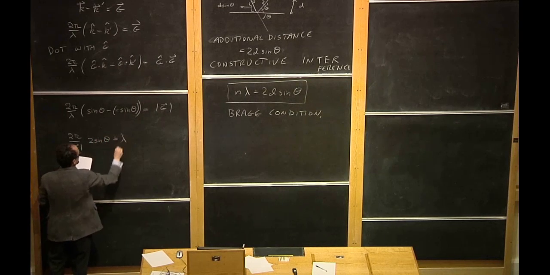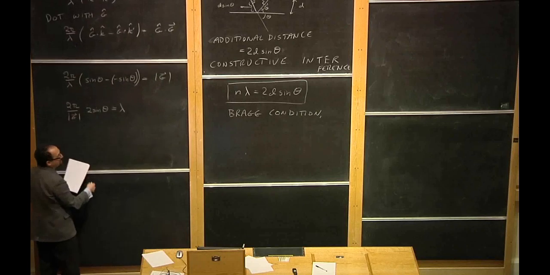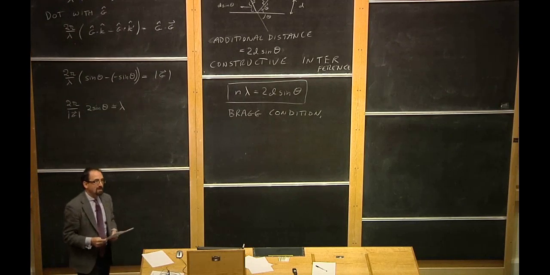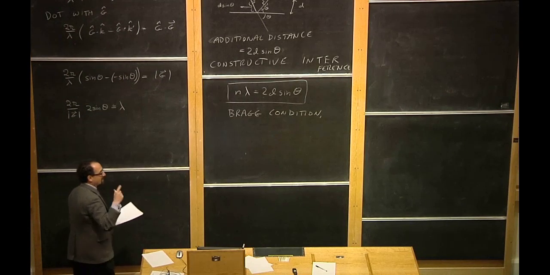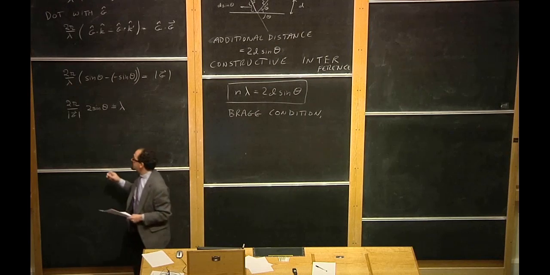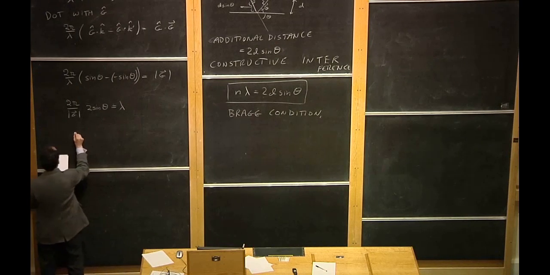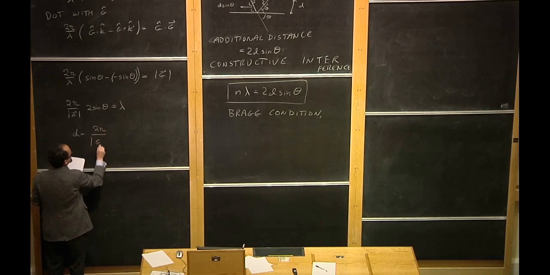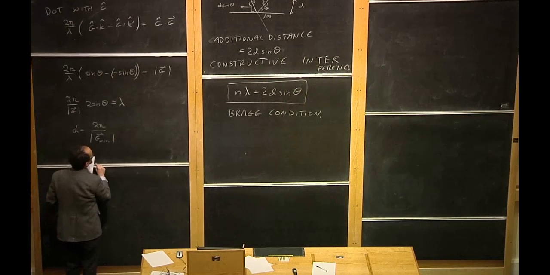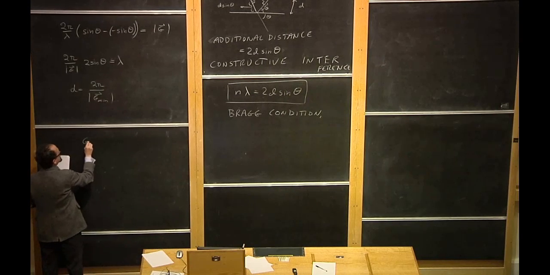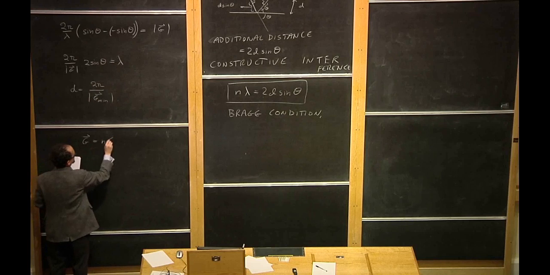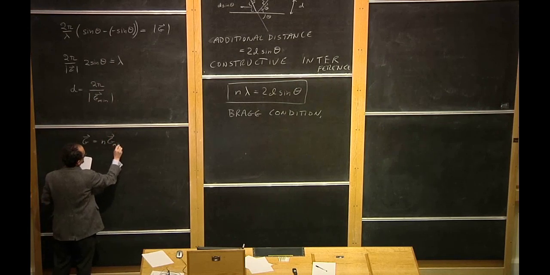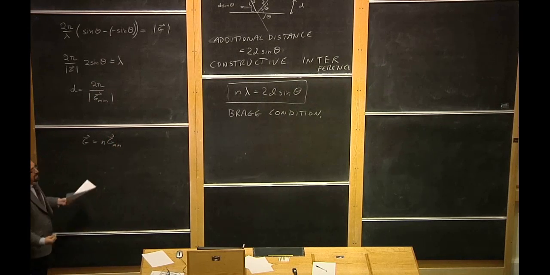This becomes 2 pi over the absolute value of G vector times 2 sine theta equals lambda. And now remember what we derived last time about reciprocal lattice vectors. The spacing between lattice planes, d, is 2 pi over the shortest reciprocal lattice vector in a given direction, G min. So any reciprocal lattice vector, G vector, has to be some integer times the minimum lattice vector in that given direction.